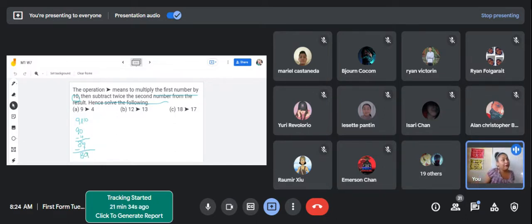82. Right? So now I'm going to be showing you guys how to do this in one step. Instead of doing this over here, I could have done this and I'm going to show you. 9 is my first number, so I am going to do 9 times 10 and I'm going to minus 2 times 4.